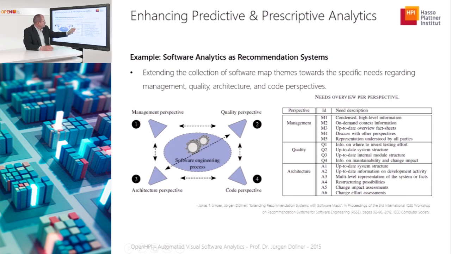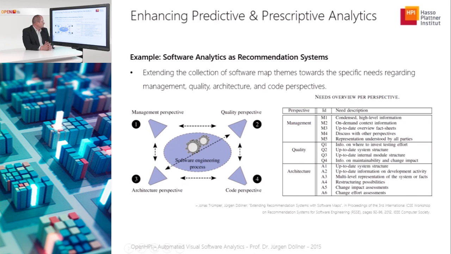In this table on the right side, there are some needed descriptions named. For example, the management would like to have condensed high-level information, on-demand context information, or to discuss with other perspectives up-to-date overview fact sheets and representations understood by all parties.